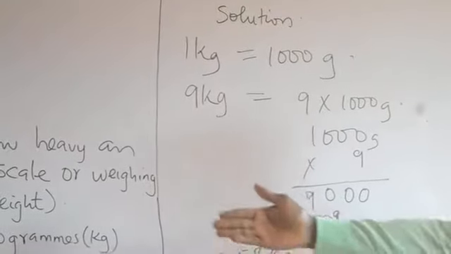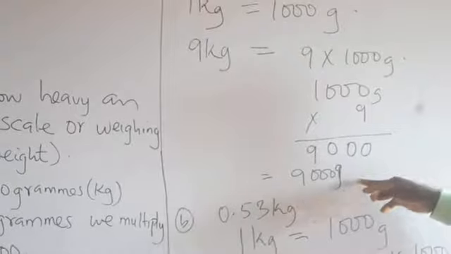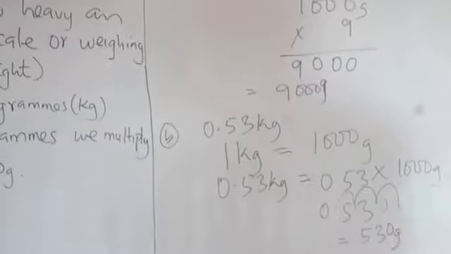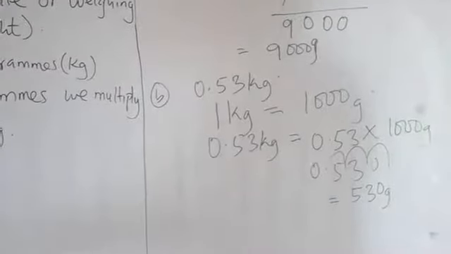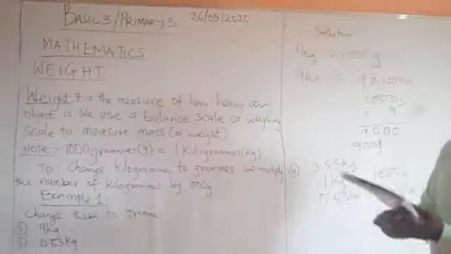It shows that 9 kilogram is equivalent to 9,000 grams. And 0.53 kilogram is equivalent to 530 grams. Is that taken? Hope you understand. Then example 2.